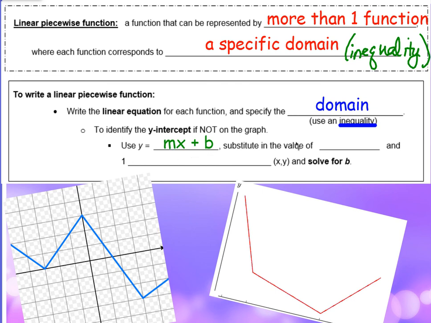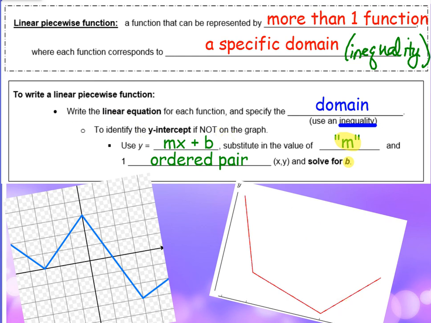We substituted in the value of m, or the slope, and then we chose one ordered pair, x, y, and also plugged that in, and then we were able to solve for b. Once you have your m, which you're going to end up plugging in, and your b, then you're all set to write the equation of that line.